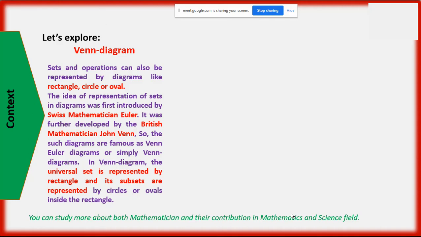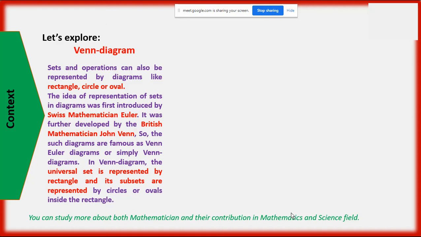Next is John Venn. Now you are familiar with Euler and John Venn from the picture as well. And what did they identify? Yes, the oval shape for subsets, and to identify the universal set, they used a rectangular diagram.